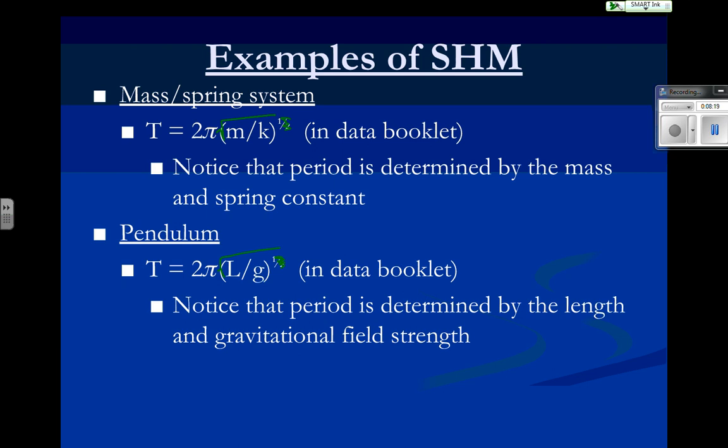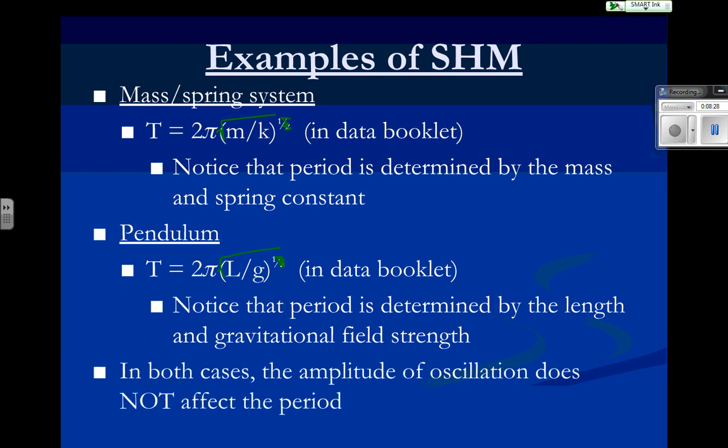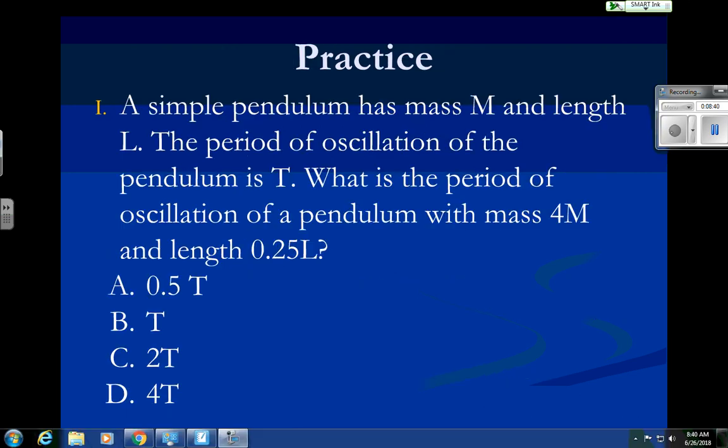The only things that affect the period of a pendulum are the length of the pendulum and the gravitational field strength. And again, just to reemphasize, in both of these cases, the period is not affected by the amplitude of oscillations. Small, large, the period should be the same for all oscillations.